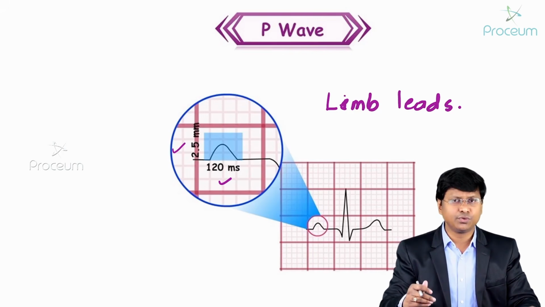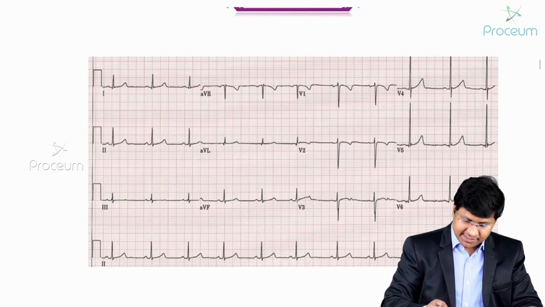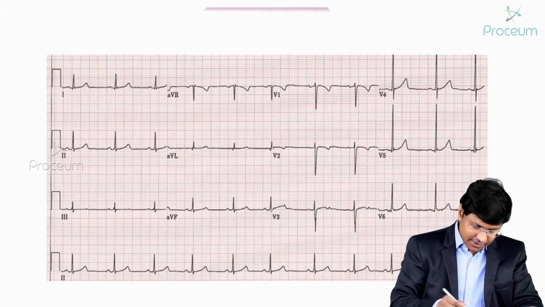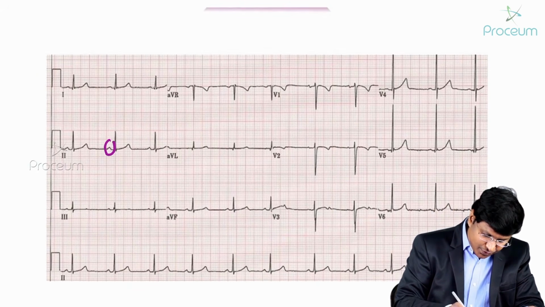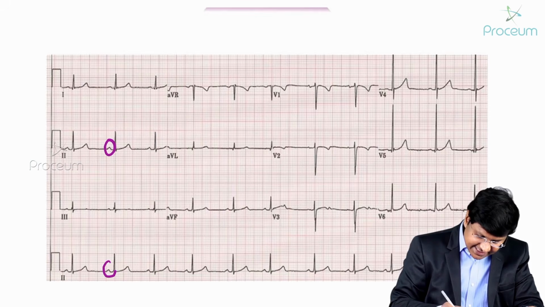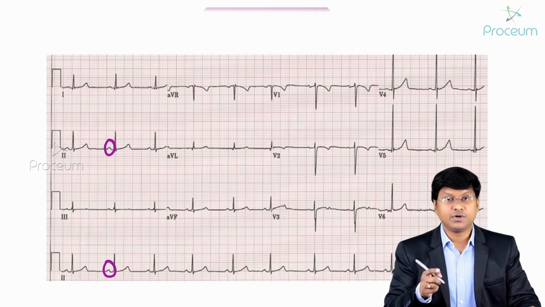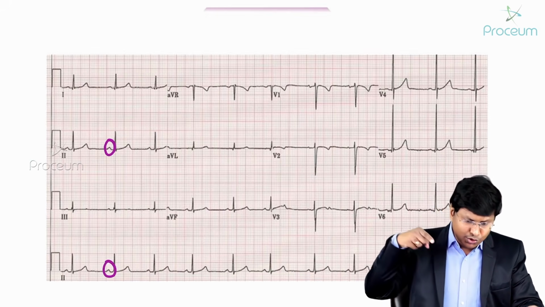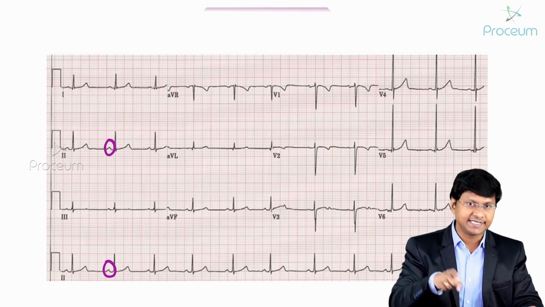Now I'll show you one normal ECG as well. If you see the amplitude in lead 2, lead 2 is called the standard lead. Why? Because the wave of depolarization is towards lead 2 in your hexaxial diagram.